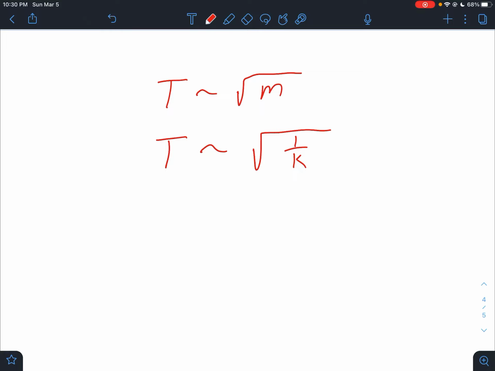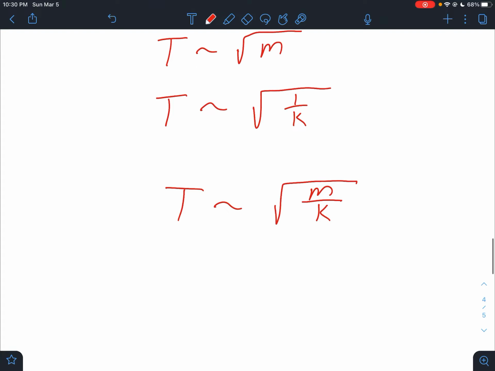So we're trying to develop an equation here. So can we combine these terms? Sure we can. We can make this statement because we know that the period is changing by both the mass and the spring constant. So is this our equation? Can we change this proportional sign to an equal sign?